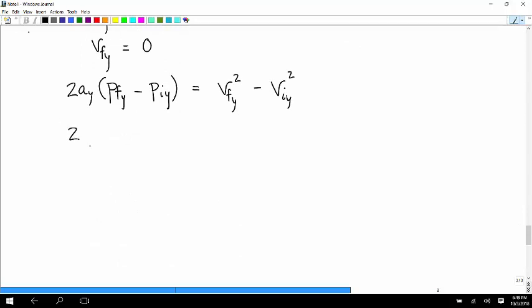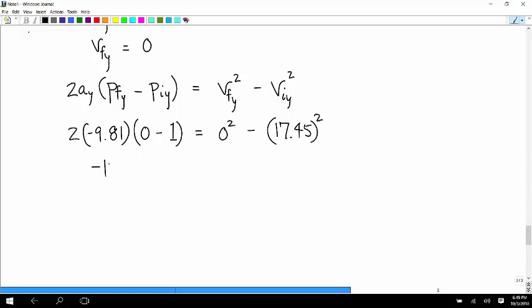So we have 2 times negative 9.81 times the quantity 0 minus 1 is equal to 0 squared minus 17.45 squared. So the left side of the equation says 2 times negative 9.81 times negative 1. That's negative, nope, positive, so positive 19.62.